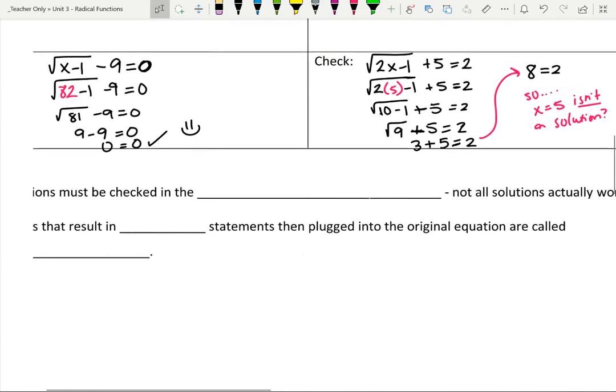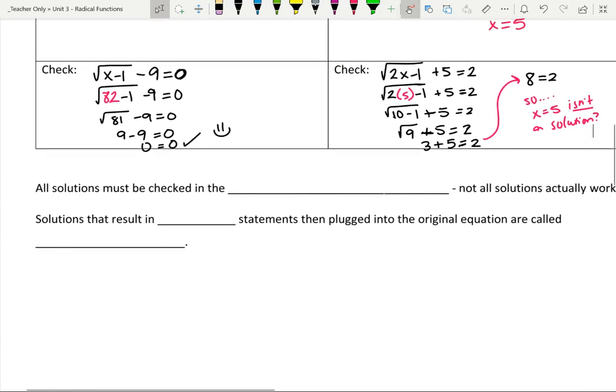So my word of warning here is that all solutions, every single solution you get, whether it's 1 or 2 or more than that, must absolutely, definitely be checked back in the original equation.